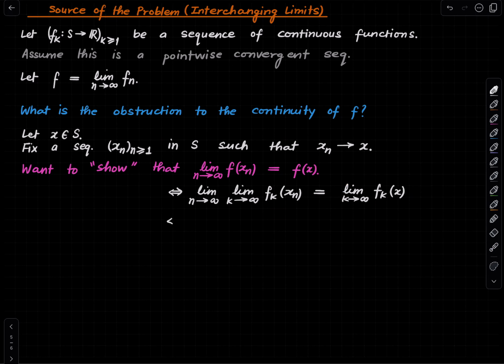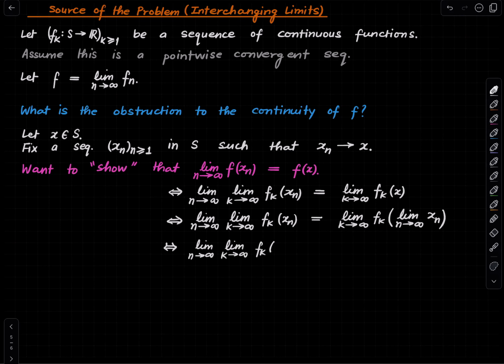So this is equivalent to saying, I'll just use the fact that x is the limit of xn's and write it this way. All I'm using is that x is this limit, but fk is a continuous function, so I can pull the limit out. So this would be equivalent to showing that. But now see what has happened.